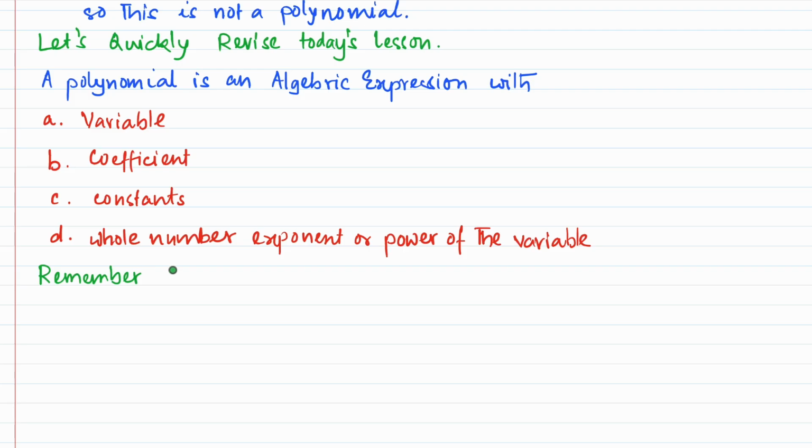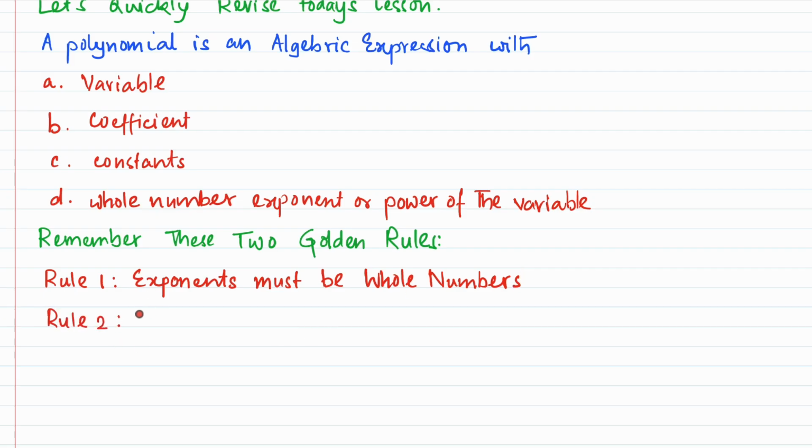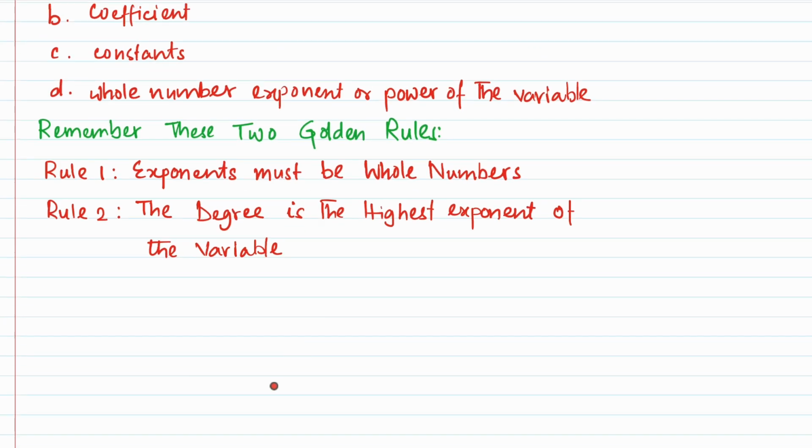And remember these two golden rules. What are the two golden rules? Rule number one: the exponent must be a whole number. Only then will it be a polynomial. Rule number two: the degree is the highest exponent of the given variable in the expression.